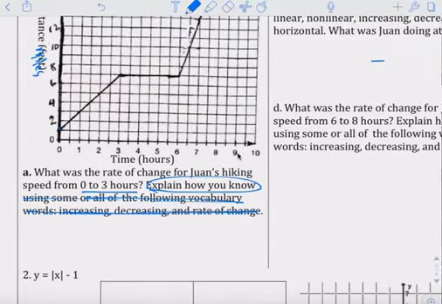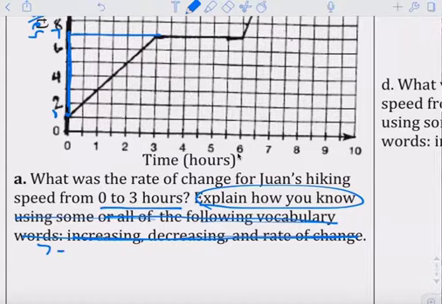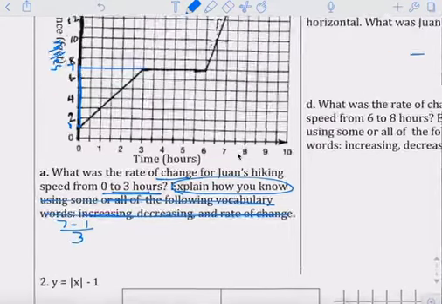He's already at 1 mile. At 3 hours, he's at 7. So the difference is 7 minus 1, remember rate of change. And it's 3 hours total. 0 to 3 is 3 hours.